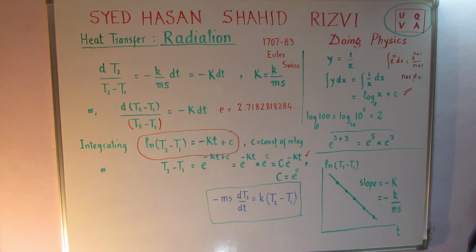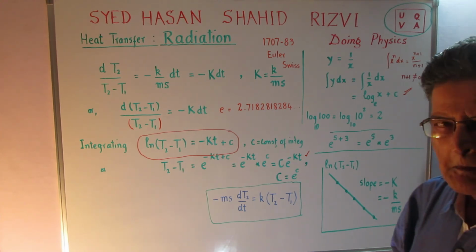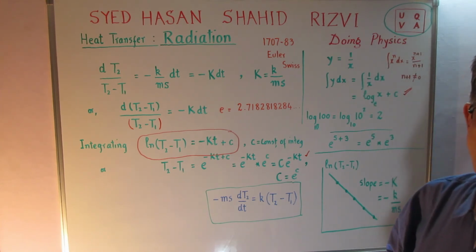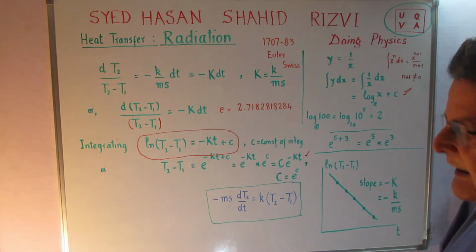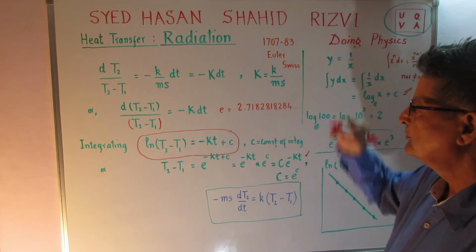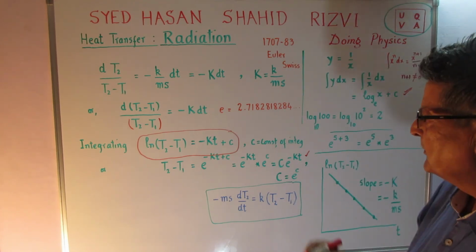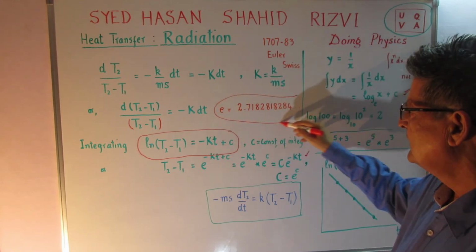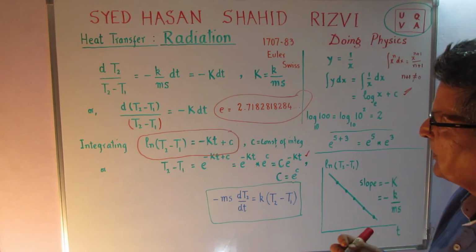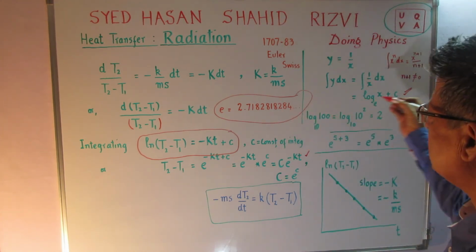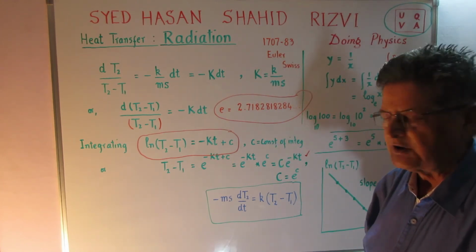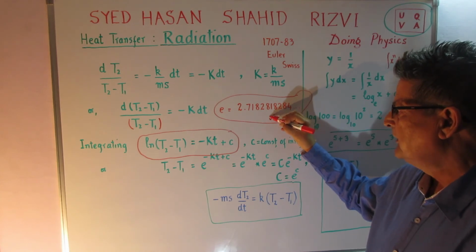Incidentally, I want to tell you something. Newton is a 16th century man. Newton was dead a long time before the Swiss scientist Euler came. Before this kind of thing was evolved, that e to the power of x is like this, and e to the power of 1 will be equal to like this, and those series were evaluated.